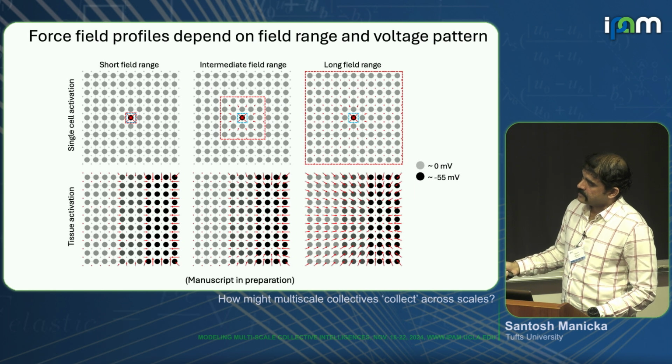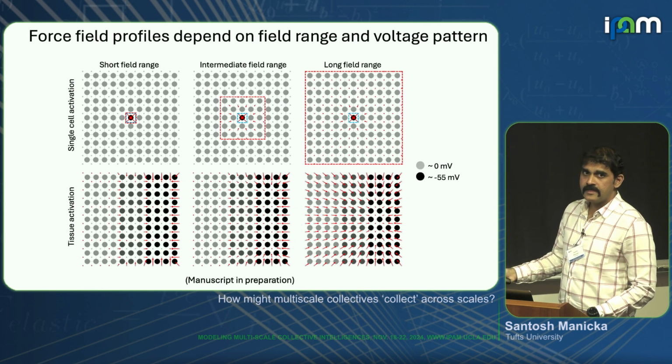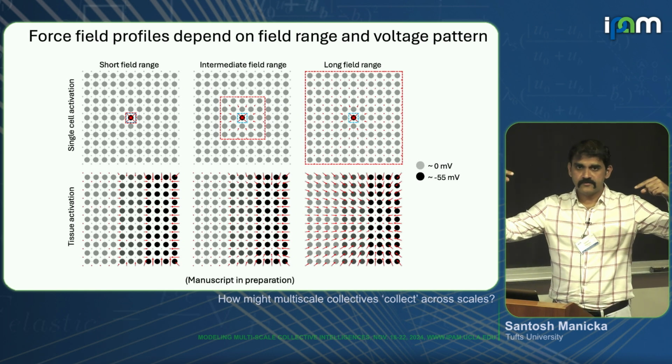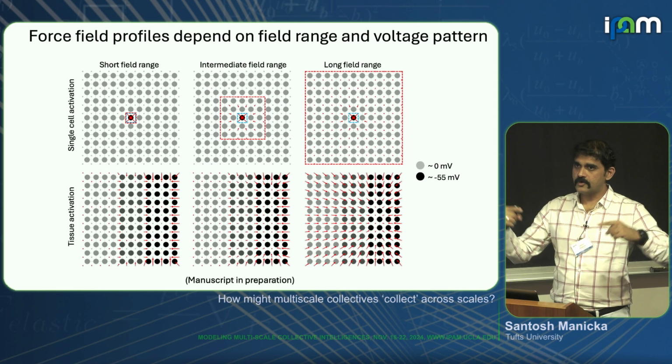Here is the simplest example. You have a network of cells, and the voltages of all of the cells are just 0 millivolts, and the voltage of this cell is negative 55 millivolts. And just by virtue of being negative, it has all the field vectors pointing towards it.